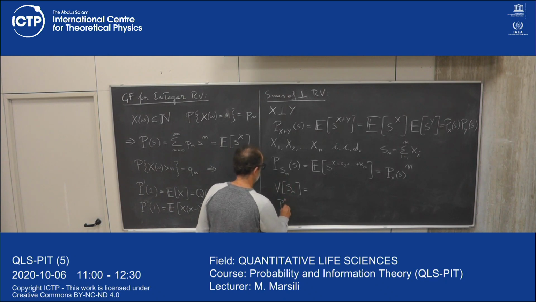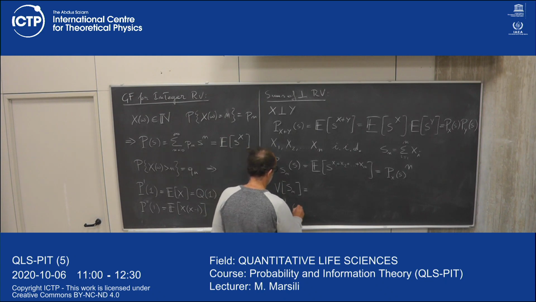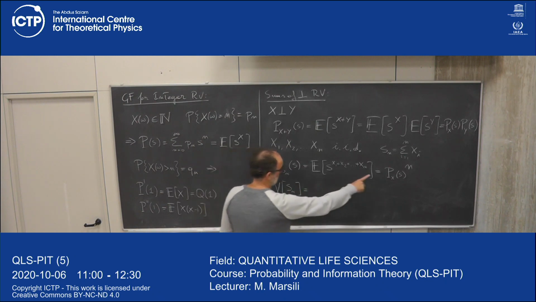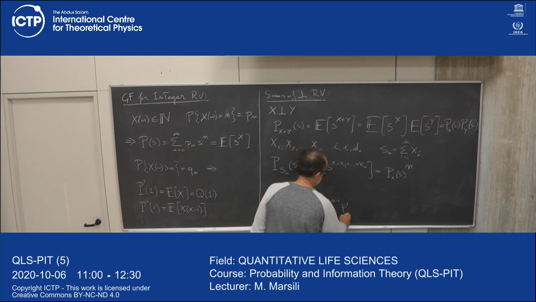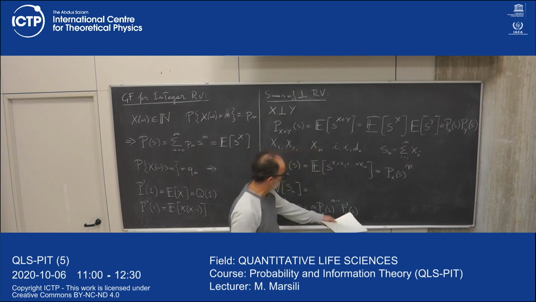When you compute the first derivative of the generating function of Sn, it will be given by n times the generating function of x to the n minus 1 times the first derivative of the generating function of x.